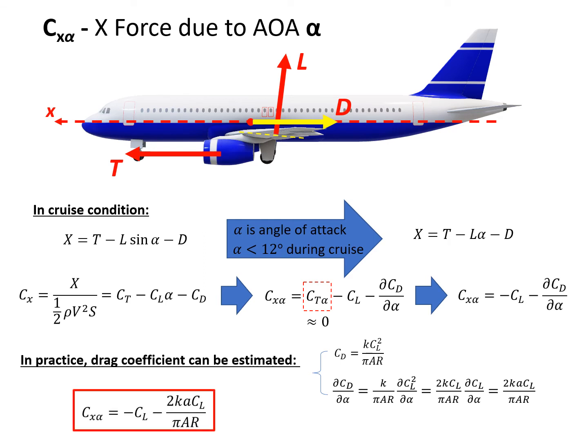This is what we derive eventually: Cx alpha equals minus Cl minus 2K a Cl divided by pi times the aspect ratio. So this parameter Cx alpha, the x force change due to the angle of attack change, is mainly related to the lift coefficient and the aspect ratio.